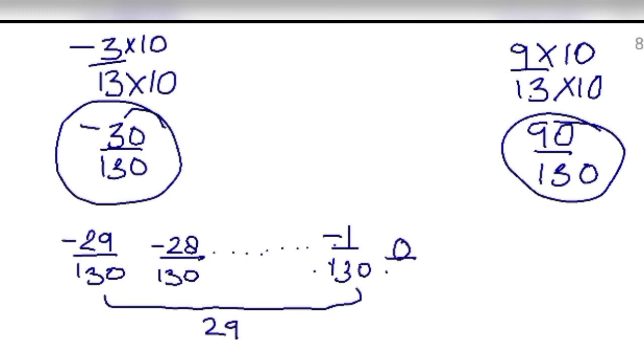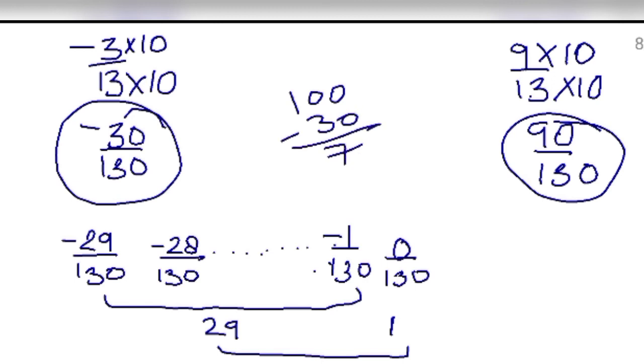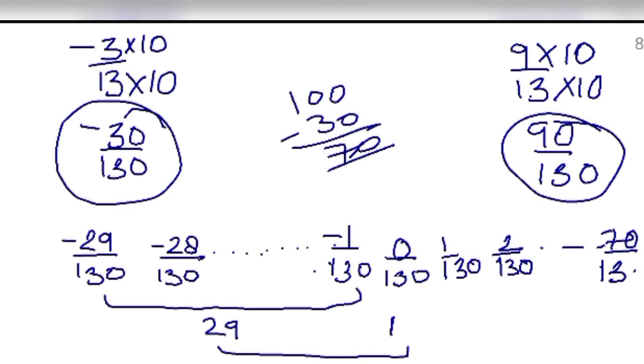Then we have 0 upon 130, 1 rational number, so 30 rational numbers हो गए ऑलरेडी. कितने और निकालने हैं? 100 rational numbers पूछे थे. 30 we have already found. How many remaining? 70 rational numbers. तो आगे काउंटिंग कहाँ तक लेकर जाएंगे? 1 upon 130, 2 upon 130, 3 upon 130, up to 70 upon 130.